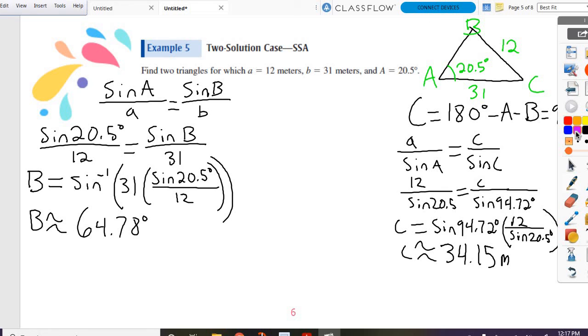So how do I find my second option? Find my supplementary angle. So I'm going to do 180 degrees minus my big B. So what do we get for B prime? 164.7?